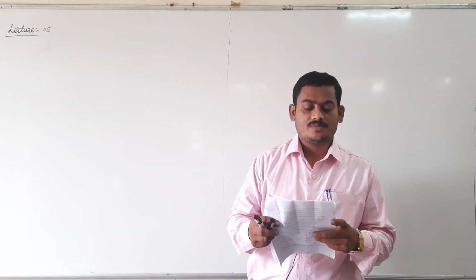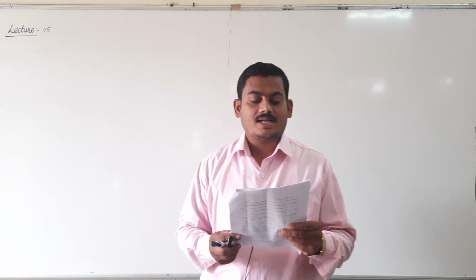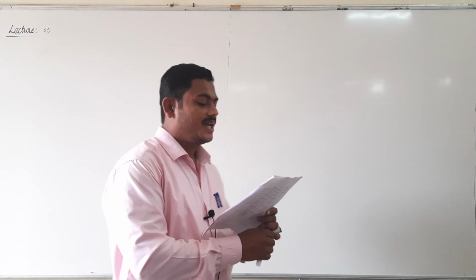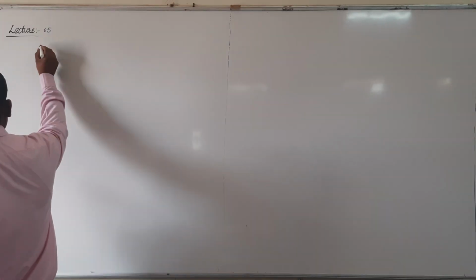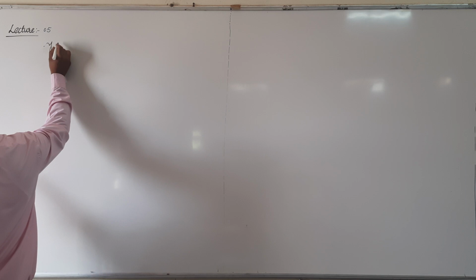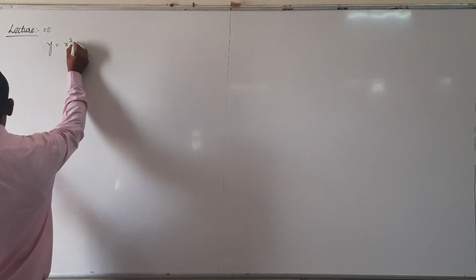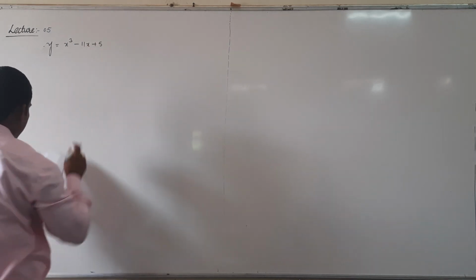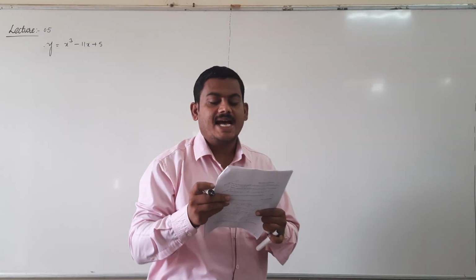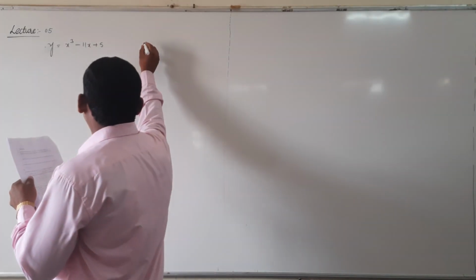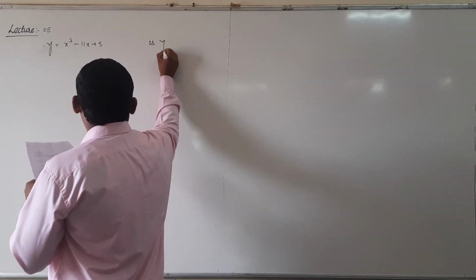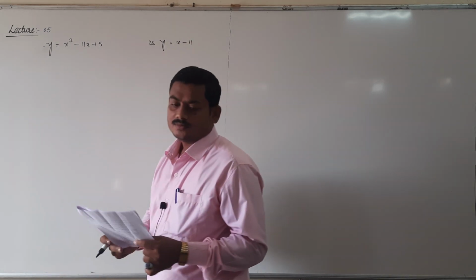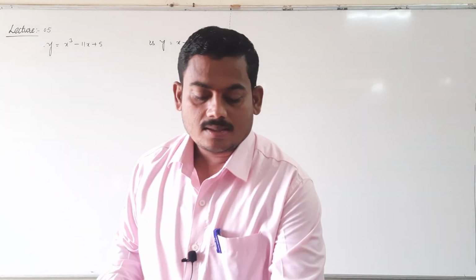Let's have the next problem. Find the point on the curve y is equal to x cube minus 11x plus 5 at which the tangent is y is equal to x minus 11, right?